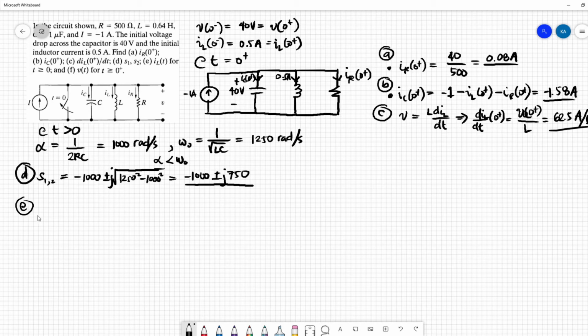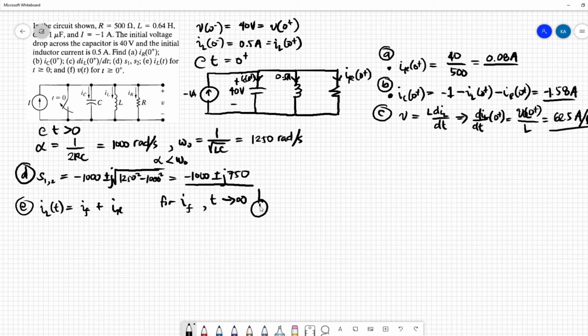For E, we have the expression for IL of t composed of a forced response plus the natural response. For the forced response, treat the circuit as a steady state circuit as t approaches infinity.